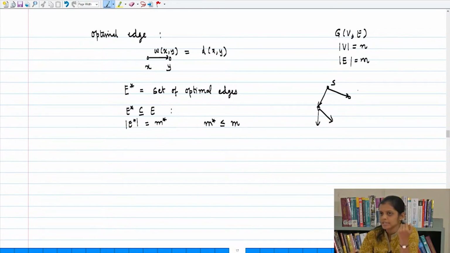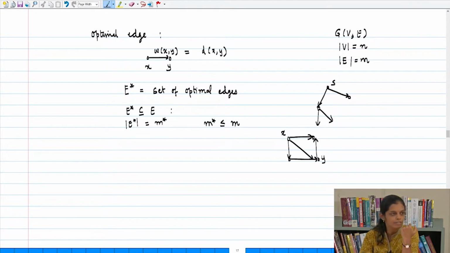Another example is that you can have a very dense graph, but where all edge weights are the same, and then every edge is an optimal edge. If all the edge weights have the same value, or if it is an unweighted graph, which you can think of as a unit edge weighted graph, let us say this is the pair xy.